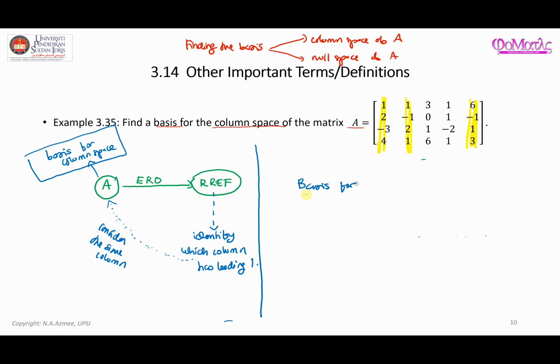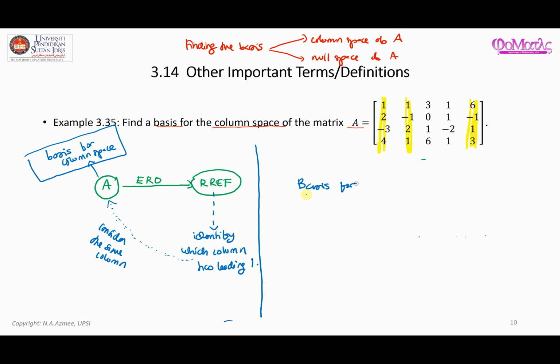Now let's move on to the next example here, where it is asking you to find the basis for the null space of matrix A. Okay, so how do we find the basis for the null space? The process can be described as such.